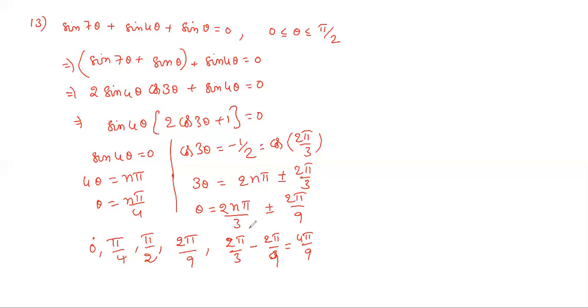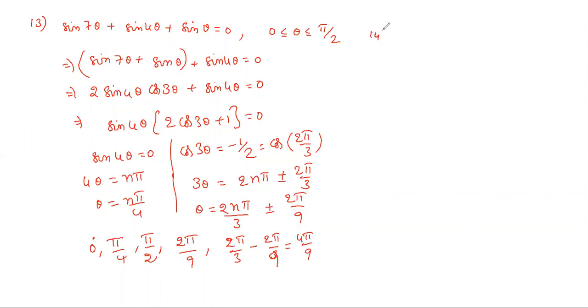By putting n equals 1, 2 pi by 3 minus 2 pi by 9. So these are the values between 0 and 90.